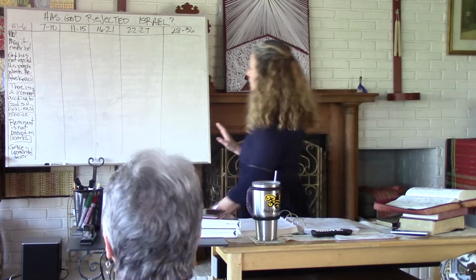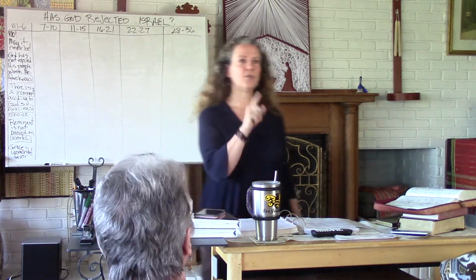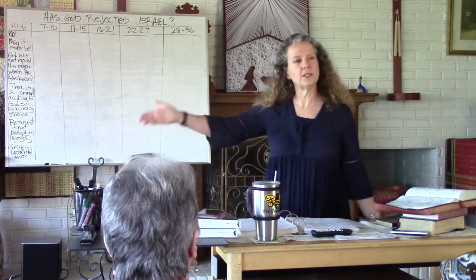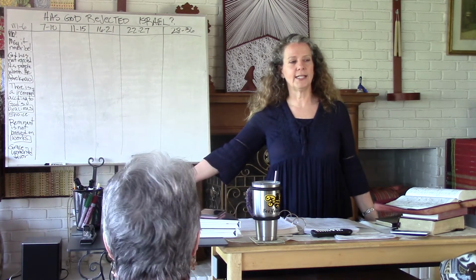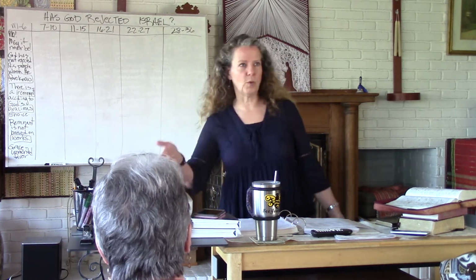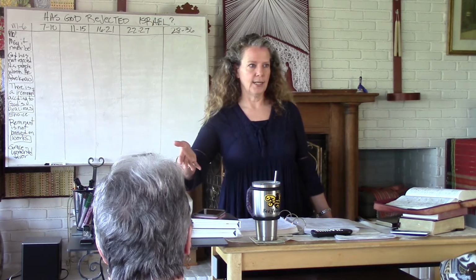So that's the idea of why does it say if it were according to works, it's no longer grace? Because if I worked for something, I did merit it. I did deserve it. It's payment for my service, right?